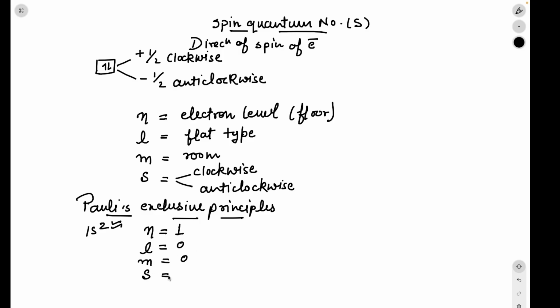But the spin quantum number, because there are 2 electrons and s has 1 orbital, 1 electron will be clockwise. So for the first electron, the value of s is plus half, and for the second electron, the value of s will be minus half. So we can say that electrons share the same value of n, l and m, but their spins are different.